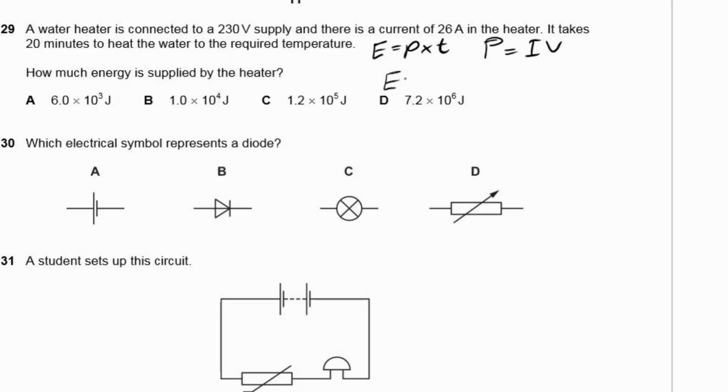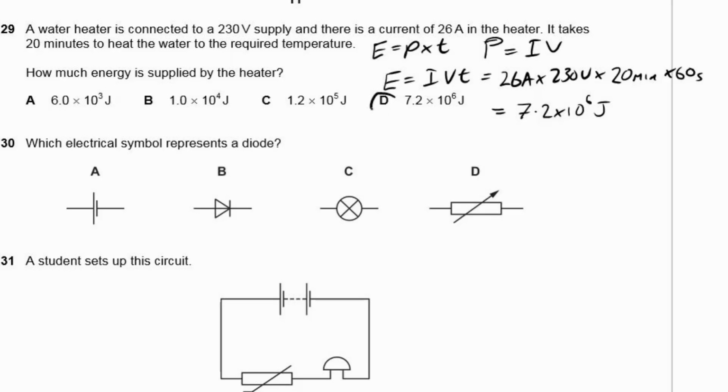So if I want the energy, what I really want is current times voltage times time. And that's going to give me 26 amps times 230 volts times the time. Now I want time in seconds. So times 20 minutes times 60 seconds. And that will give me a value of 7.2 times 10 to the 6 joules.